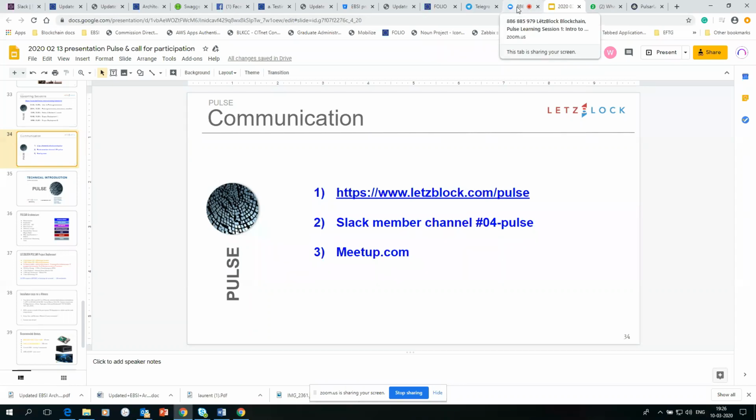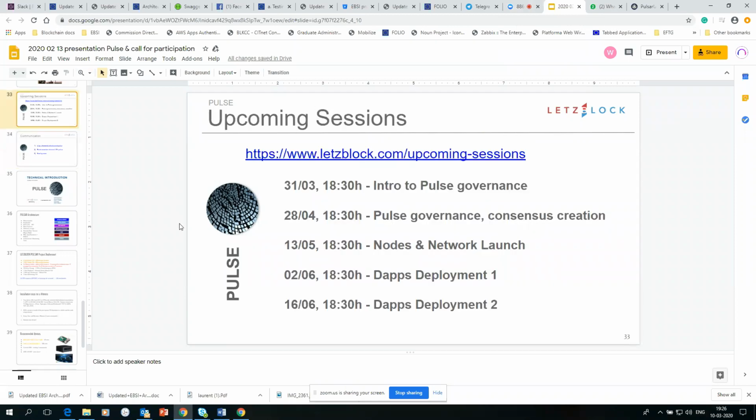The next two sessions will be about governance. The session on March 31st will be an introduction to governance, like we had today on technology, so that's all about having a first idea of the material we are working with.